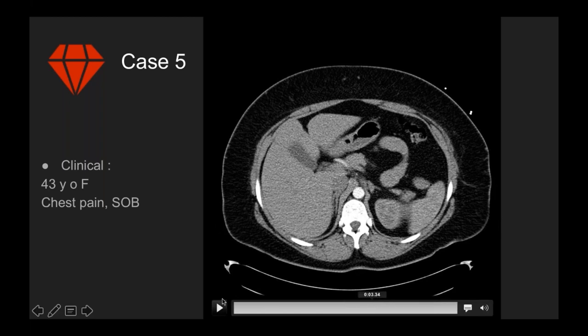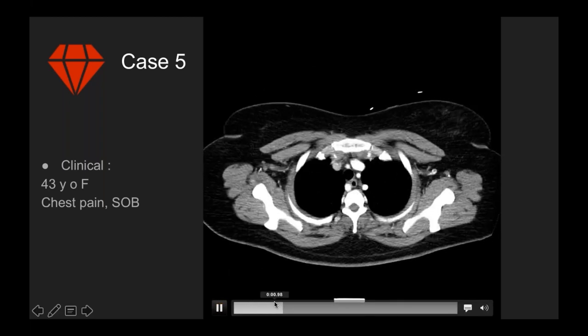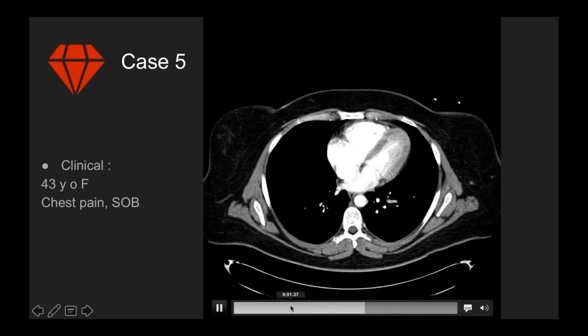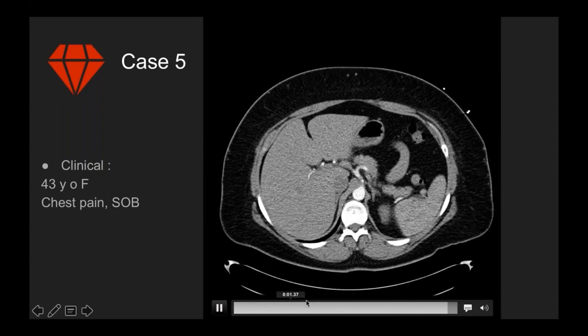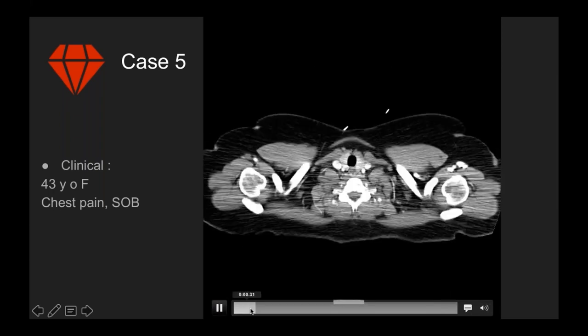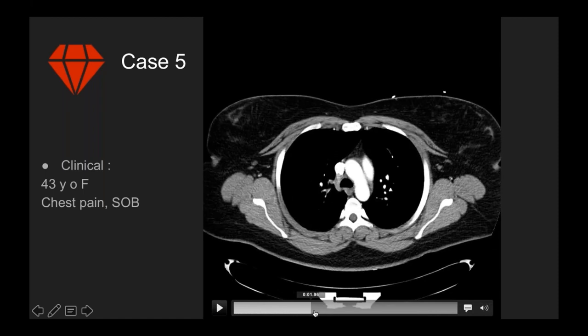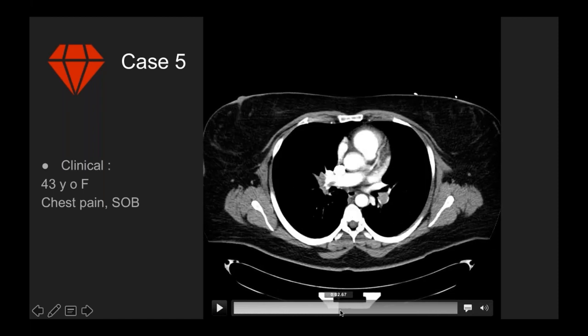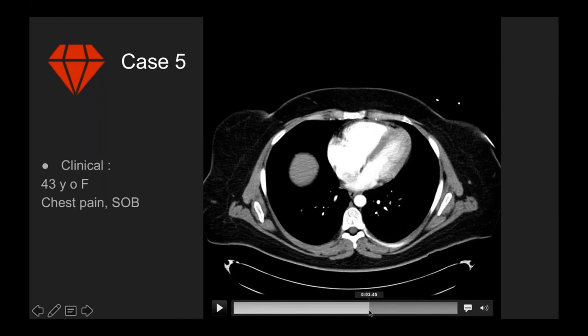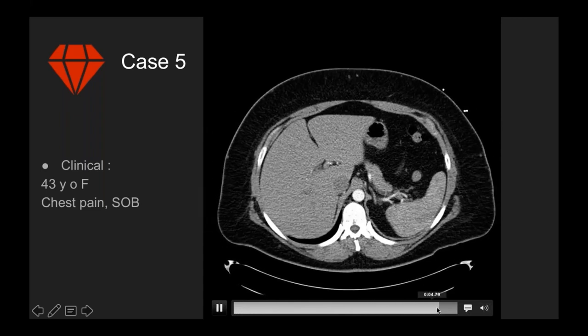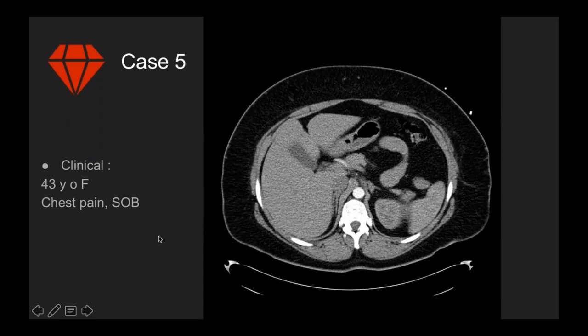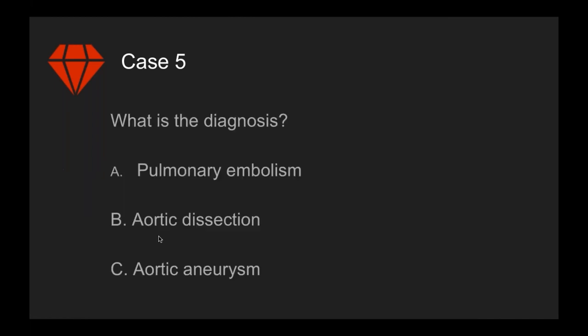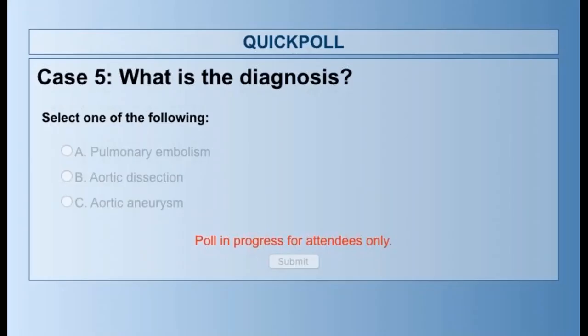Okay, so we'll go through that again, a little bit slower this time. This one's quite straightforward. 43-year-old female with chest pain and shortness of breath. So what's the diagnosis? Is it A, pulmonary embolism, B, aortic dissection, or C, aortic aneurysm? If we could go to the polls.